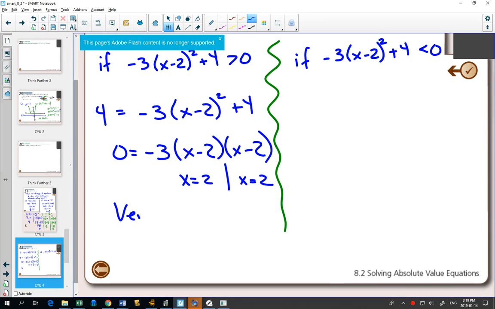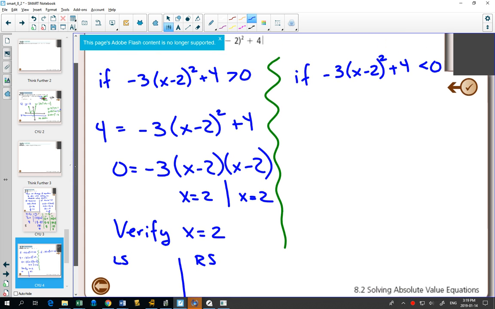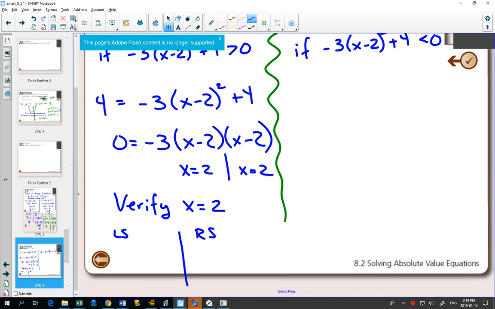Next thing we need to do is verify x equals 2. Our left side and our right side. Well, the left side of our equation, I guess I can probably move this line over a bit, is 4. The right side of our equation is negative 3, absolute value of negative 3, x minus 2 squared plus 4.